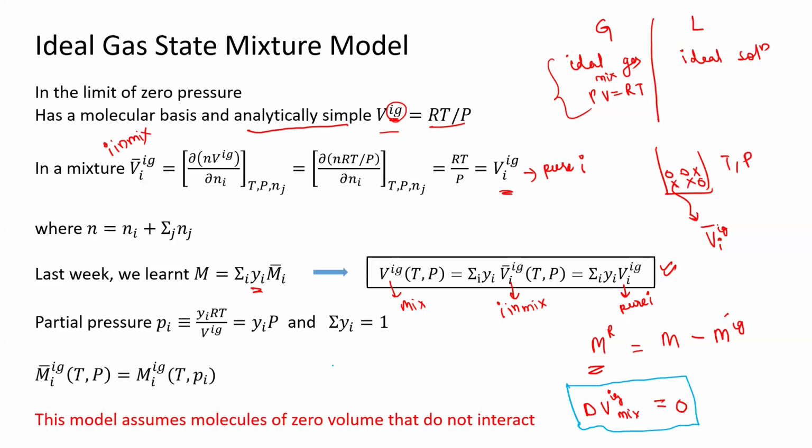Here, using this mole fraction, we define a partial pressure, which is equal to Yi times P, that is RT by V IG times Yi. And sigma Yi equals 1.